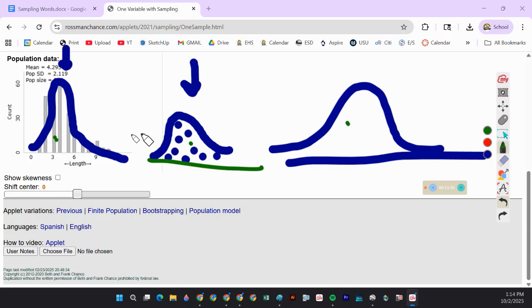Okay? And the population histogram should look like the sample histogram, as long as your sample was done correctly. And the sampling distribution is going to be normal regardless of the shape of these two. So this is a particular number of letters. This is a particular number of letters. This is a sample with a percentage of how many yeses there were in your 10 words that you chose. Okay, does that make sense?